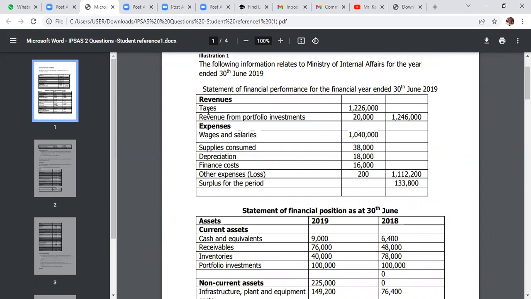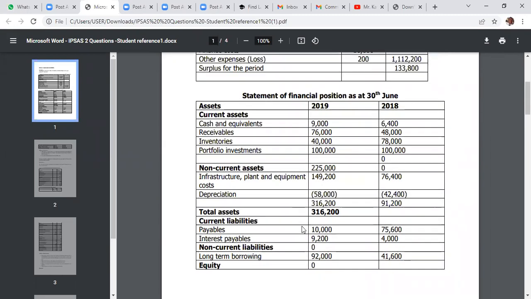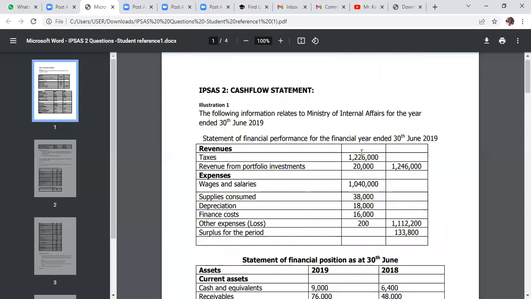Taxes. Then you ask, does it have anything like tax payable or tax accrued? You confirm with the balance sheet. The balance sheet, of course, doesn't have it, so if it's not there, it means this is the actual amount that was received as revenue. So under our income statement, you pass it the way it is.